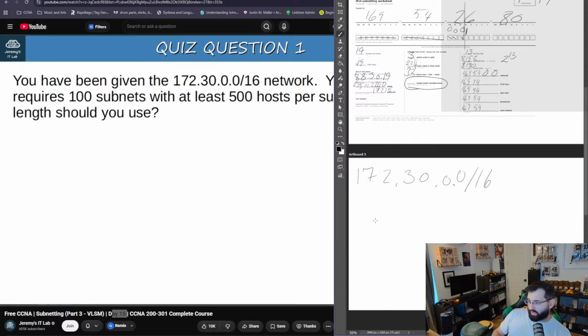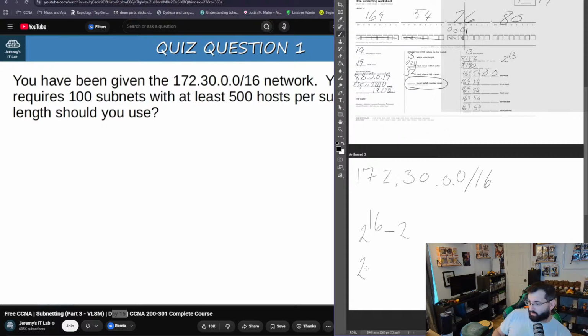So we know that this subnet has 2 to the 16th power minus 2. Let's go over here to the good old calculator. 2 to the power of 16 is going to be 65,536.